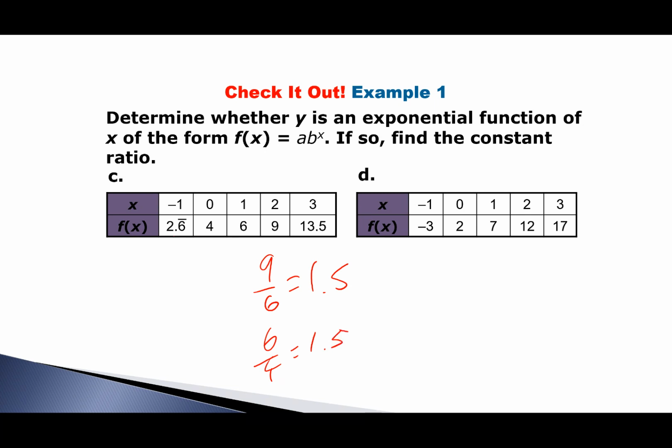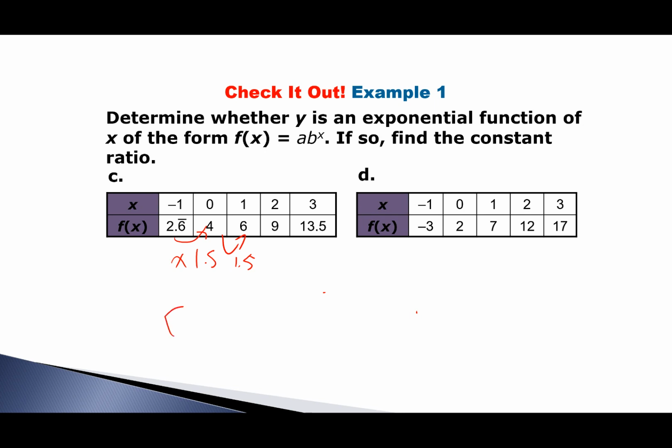Well, that's a weird decimal. What about 13.5 divided by 9? That's also 1.5. So I'm going to take it on good faith that 4 divided by 2.666 repeating is 1.5, and it is. That's something you can do if you want to check. All of those were 1.5, so my common ratio here is 1.5.